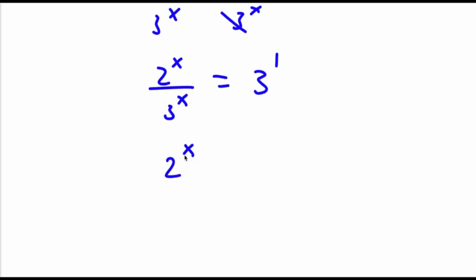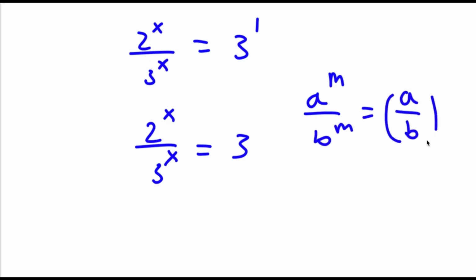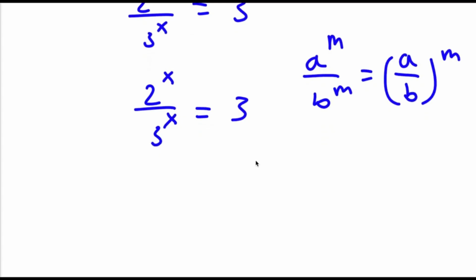So now I have 2 to the power of x over 3 to the power of x is equal to 3. And now if I have something in the form a to the power of m over b to the power of m, this is equal to a over b to the power of m. So in this case, a is equal to 2, m is equal to x, and b is equal to 3.